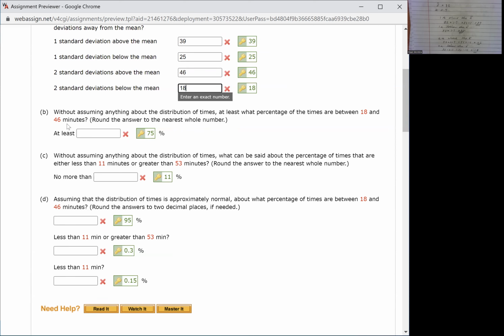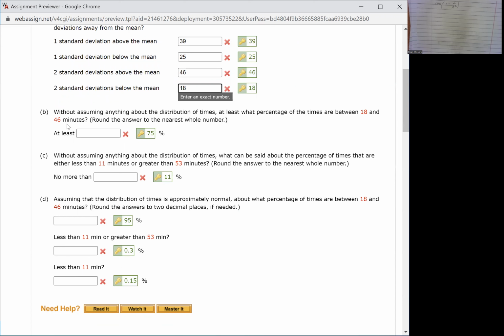And Chebyshev's rule, the formula, I'll write it down, then we'll go to it. 100 times 1 minus 1 over k squared will give us the percentage.